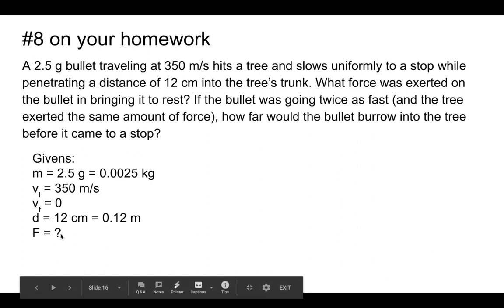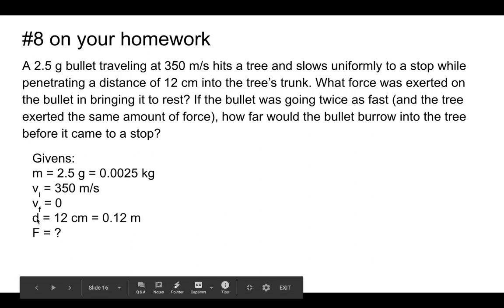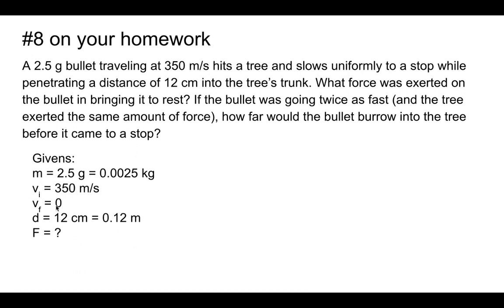And then we want to know what force was exerted on the bullet, bringing it to rest. So we're looking for force. Here we know that we have a displacement, and we want to know force. Force times displacement is work done on the object, and we can see that we are changing kinetic energy. We have kinetic energy initially, and then that bullet comes to a stop, so we have 0 final kinetic energy. So we're going to use the work-kinetic energy theorem.